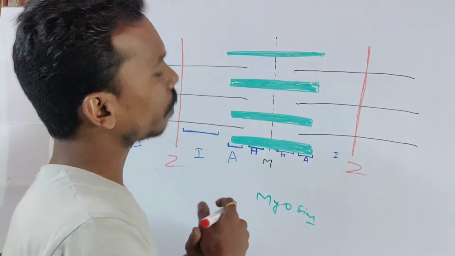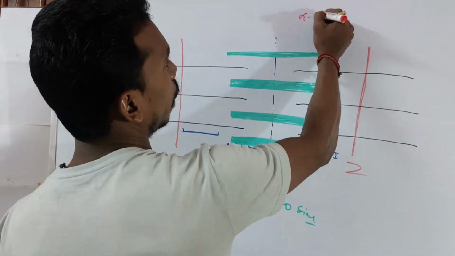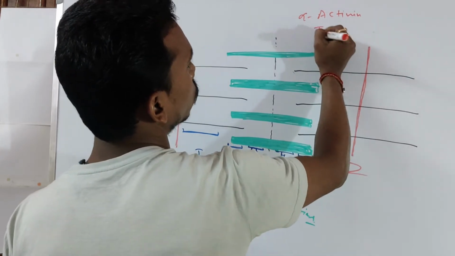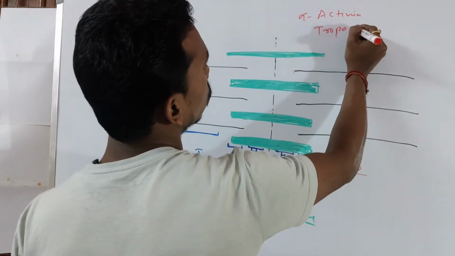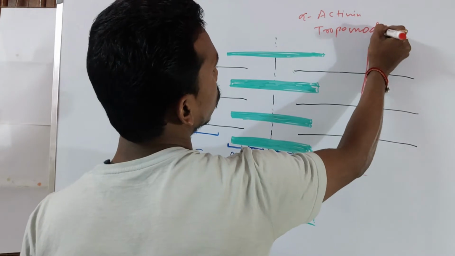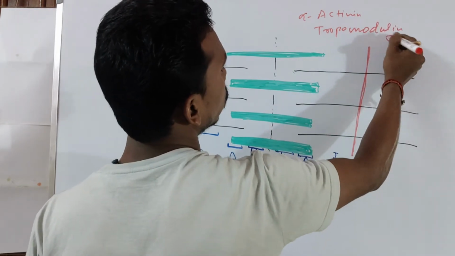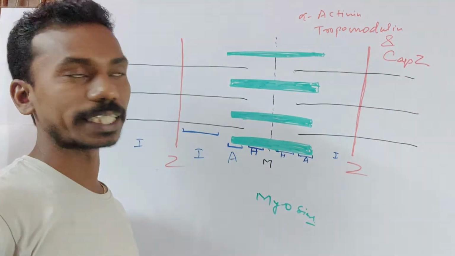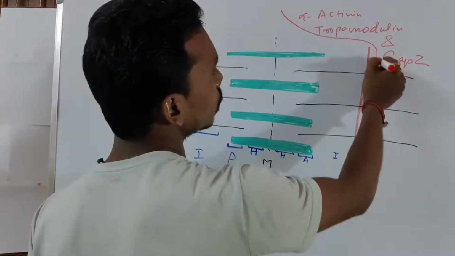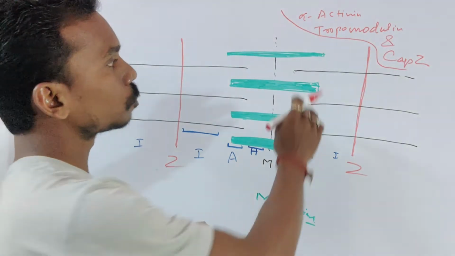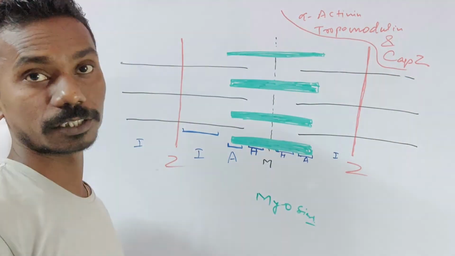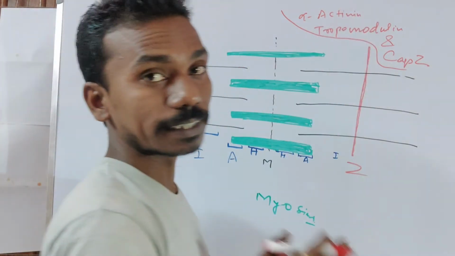So in case of actin, there are alpha actinin, tropomodulin, and cap Z. These three proteins are actually present to define the length of the actin microfilament on both sides of the Z line.